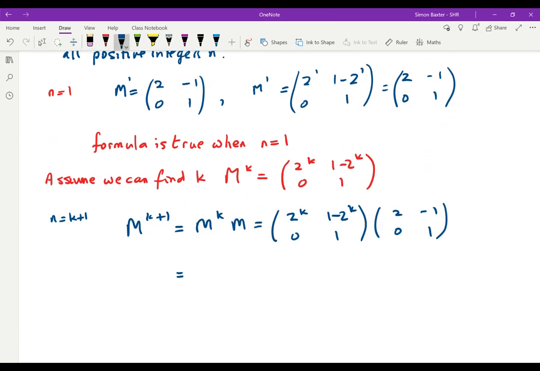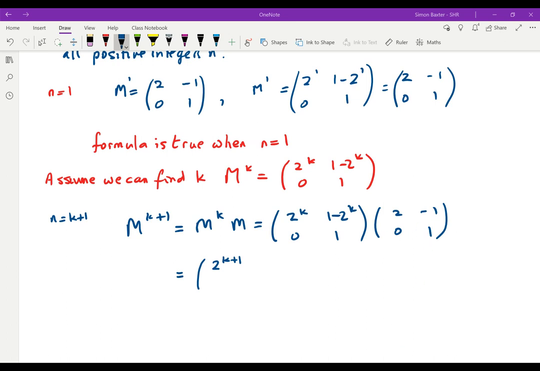Well, this is equal to multiplying the top row by the first column, 2 to the k times 2 plus 0, which is 2 to the k plus 1. What do we get in the next column? We get minus 2 to the k plus 1 minus 2 to the k.